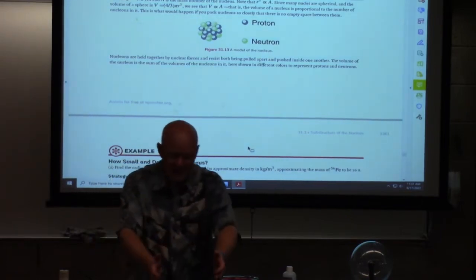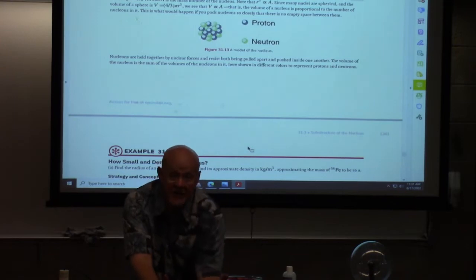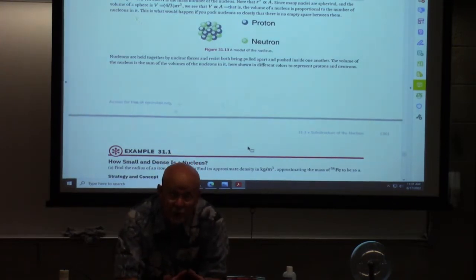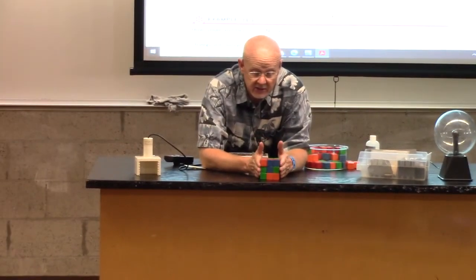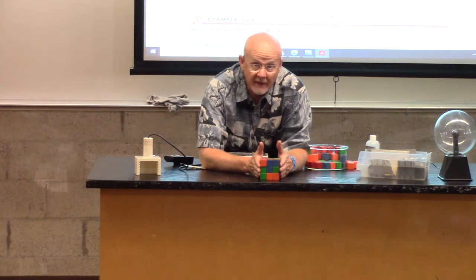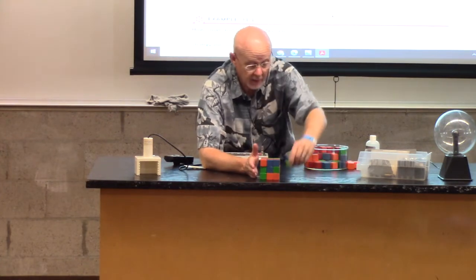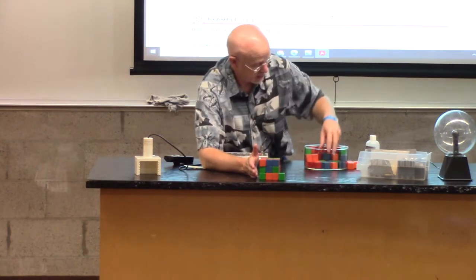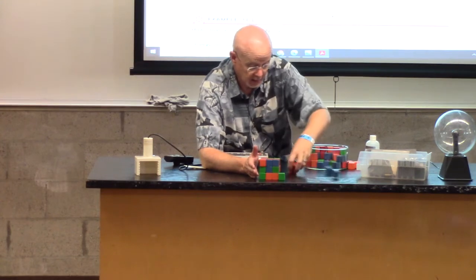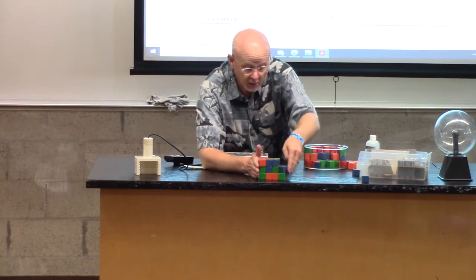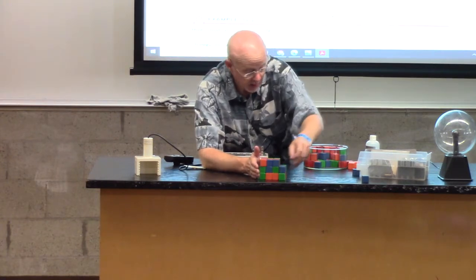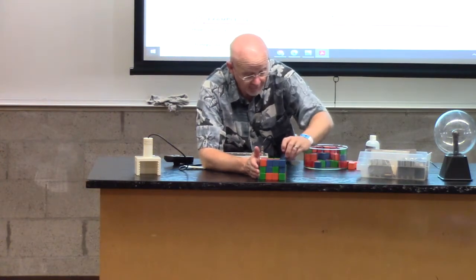So in this case, I would say A is 27. I have 27 nucleons here. And I get that with a radius of 3. And if I went to 4, well, I'd have to add a lot of blocks here to go 4 wide and 4 tall.